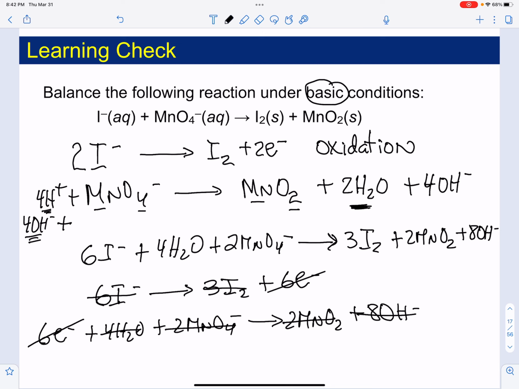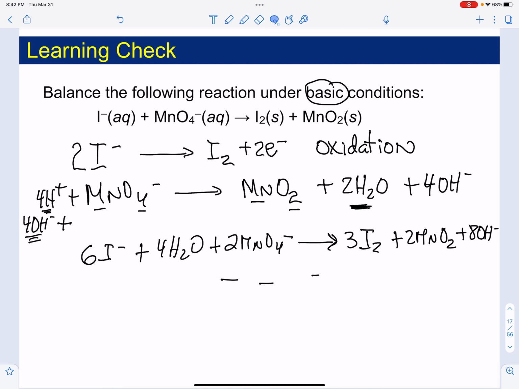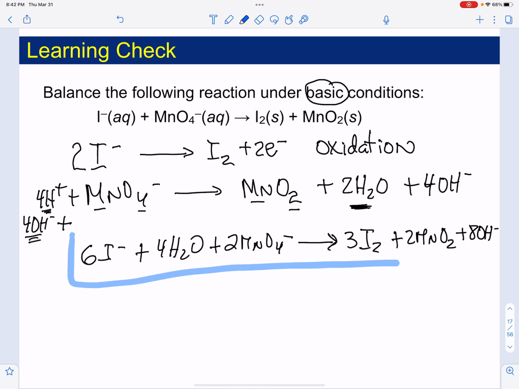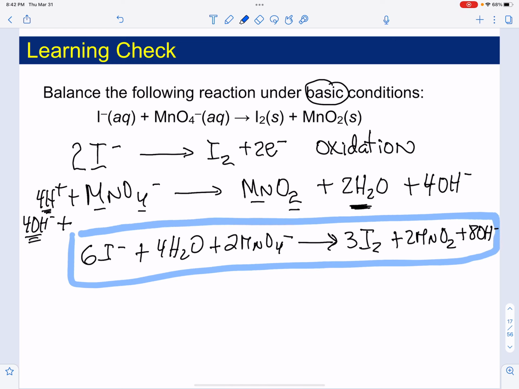So we transfer everything. So this is our balanced equation. Let's double check.